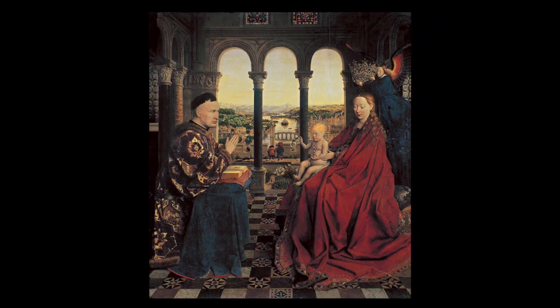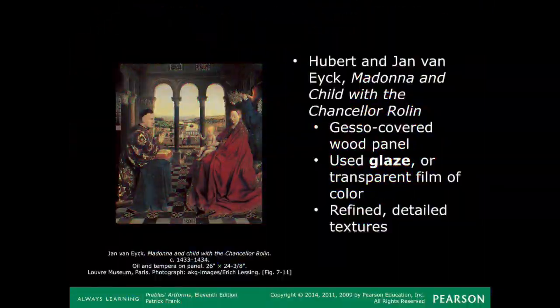A lot of variations from dark to light, but also using things like blue underneath the reds, and there are so many rich uses of color here. And this painting is by Jan van Eyck, Madonna and Child with the Chancellor Rolin, made in 1433.